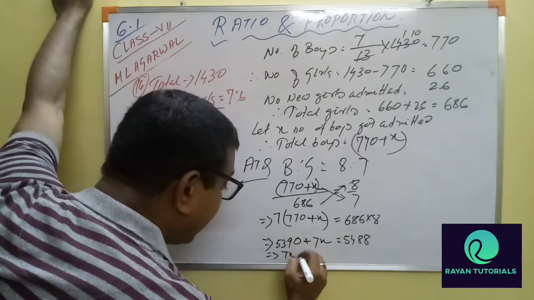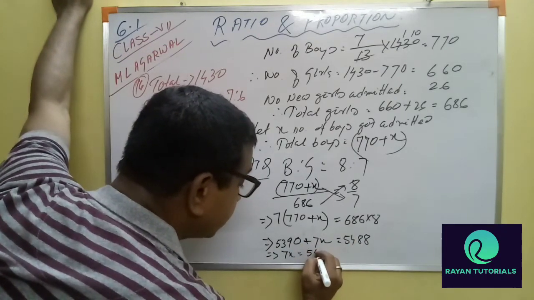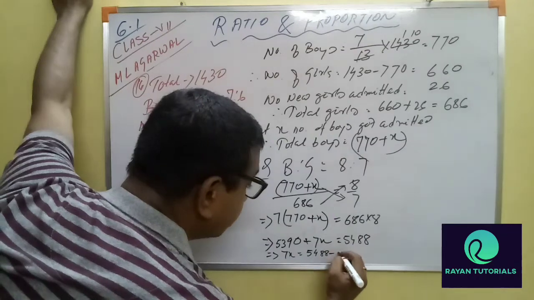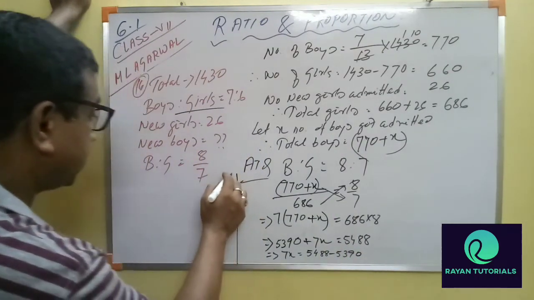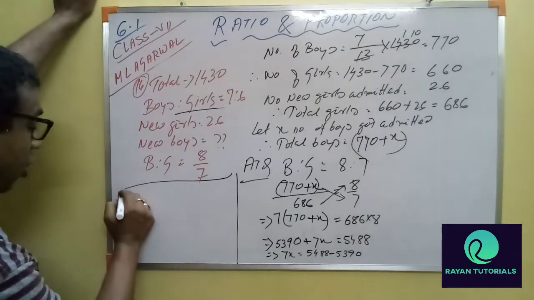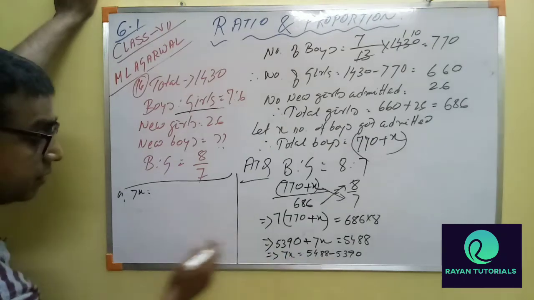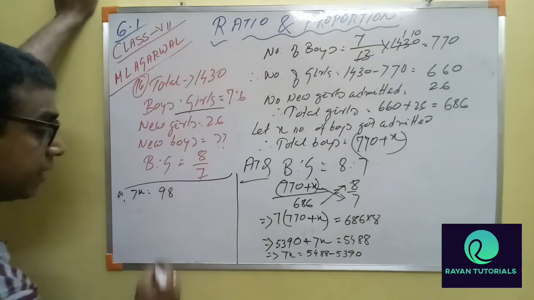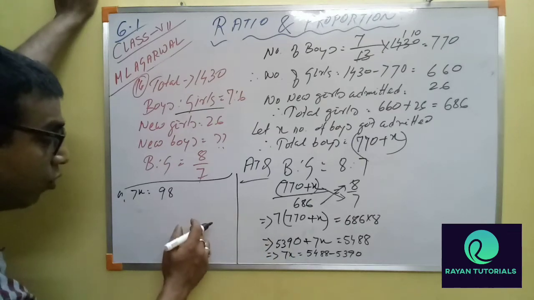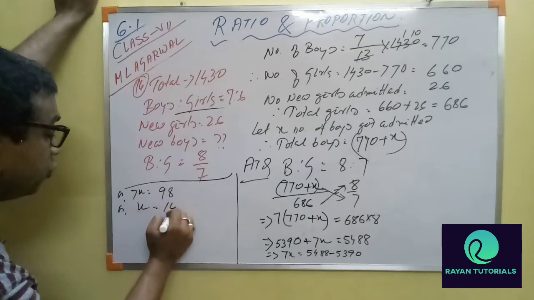Or 7x is equal to 5488 minus 5390. I do it here, okay? Or 7x is equal to 98, so x is equal to 14.